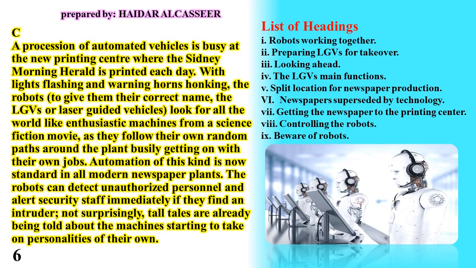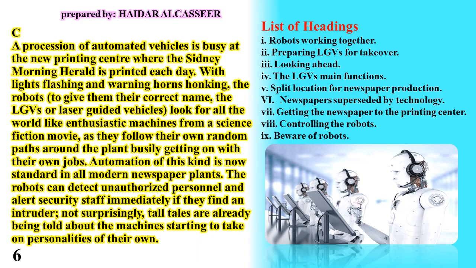So we just ignore it, we leave it. With lights flashing and horns honking, the robots. That's the main idea here. It's a comprehensive one. But let me just finish reading this sentence to explain something really important, then I will re-explain this one.